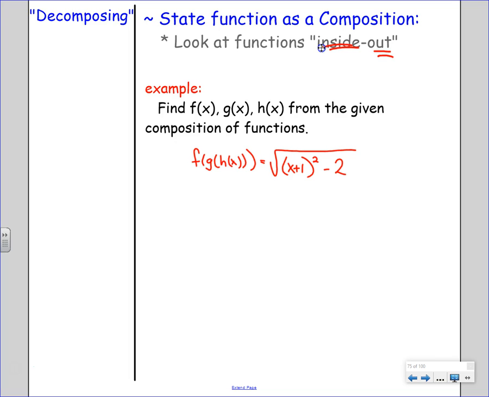So what do you guys see in the innermost? This takes some skill. But what do you see in the innermost of that function f of g of h of x? Well, okay, on the left-hand side you do see h of x, right?